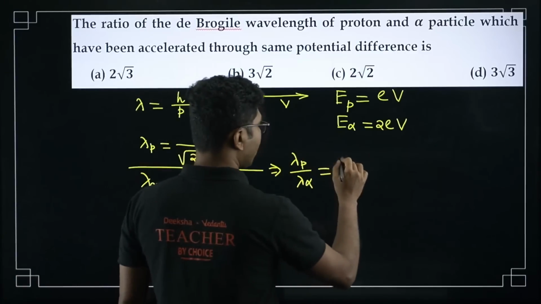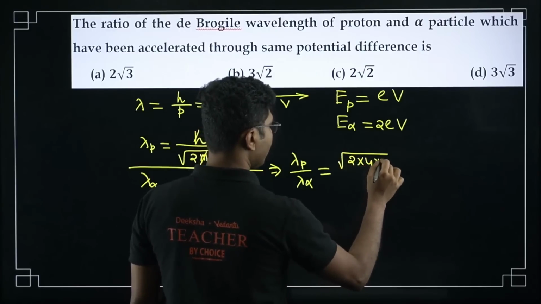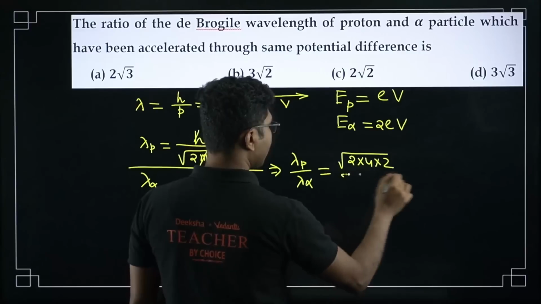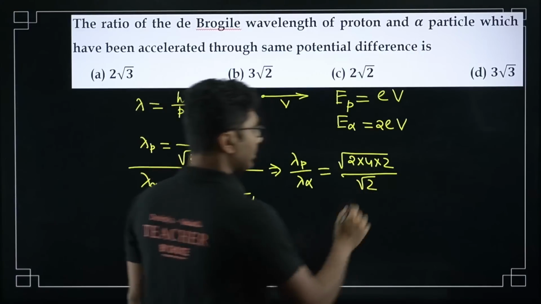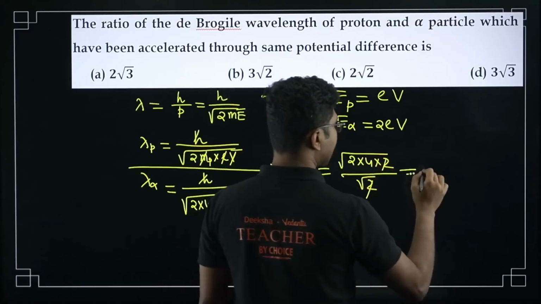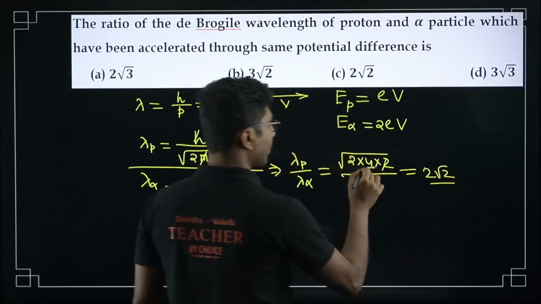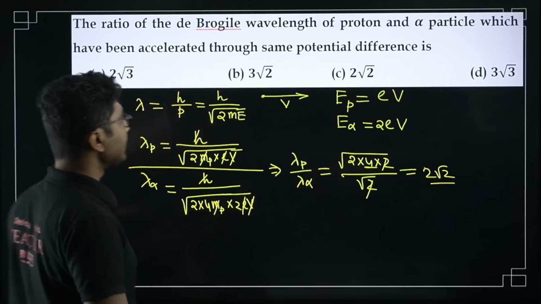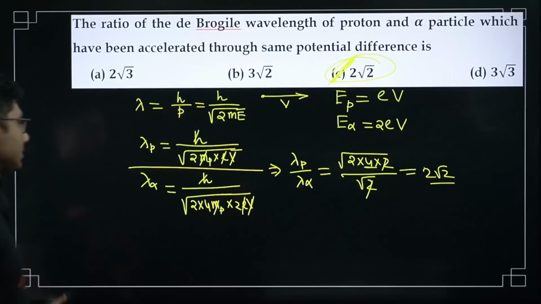So we get on the top 2 into 4 into 2 divided by root 2. This 2 is still there, so this 2 will also cancel, so we get this as 2 root 2. Square root of 4 is 2 and 1 extra 2 is here, so 2 root 2 is the answer. So option C is the correct answer.